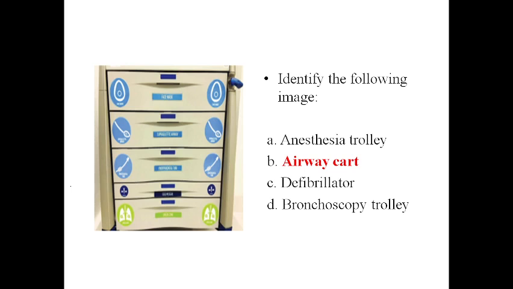In plan D, CICO rescue. CICO means what? CICO means can't intubate, can't oxygenate. In that drawer we can keep cannula, surgical cricothyrotomy techniques, airway exchange catheter, and extubation kit. These are all the things we have to keep in the fourth drawer.